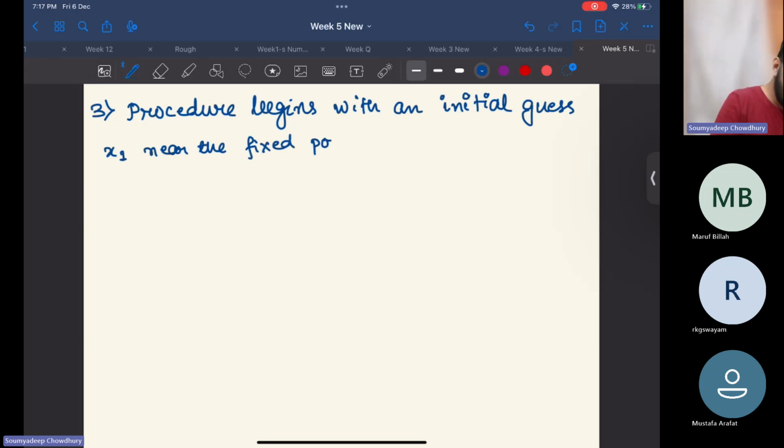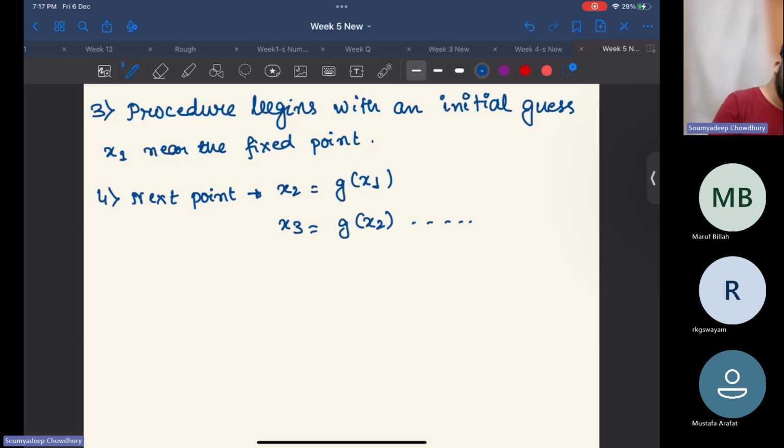So the fixed point is the intersection point, right? Near the fixed point. So how will we proceed? The next point we have to calculate in the iteration, which is x2, will be given by g of x1. Similarly, the next point x3 will be given by g of x2, and this will be continued till convergence is achieved.